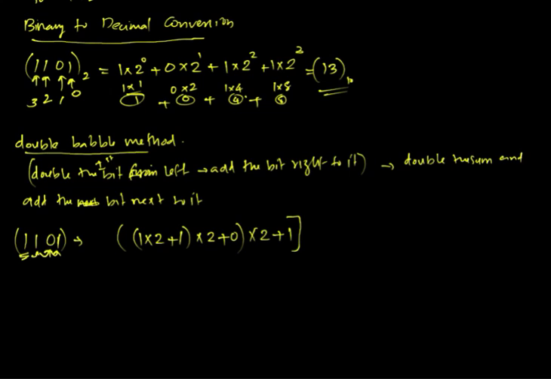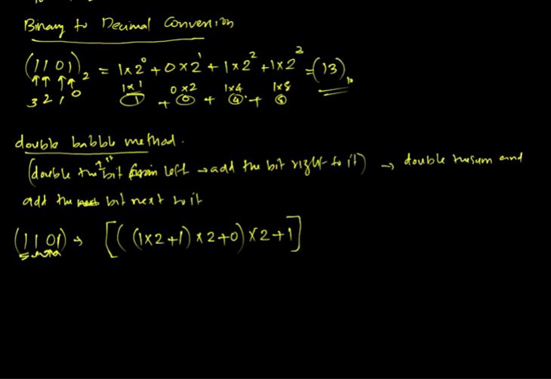Now all the numbers have been exhausted, so there is no need to double again. If there is any number right to it, after taking the sum we have to double the sum and add that number.